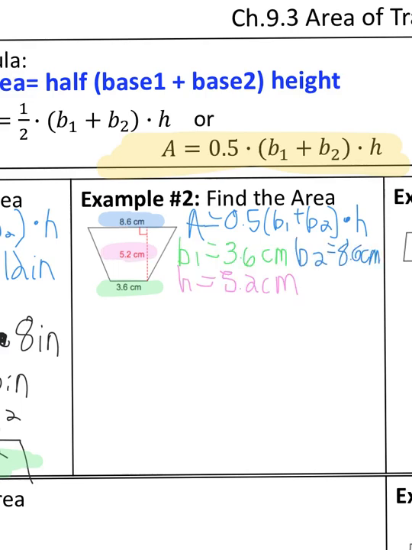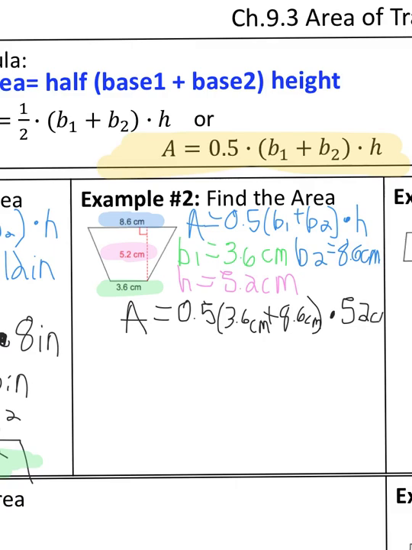Alright, step 3, plug the given values into the formula. So it's 0.5 times base 1, which is 3.6 centimeters, plus base 2, which is 8.6 centimeters, times our height, which is 5.2 centimeters. And then we're going to move on to step 4, which is add first.